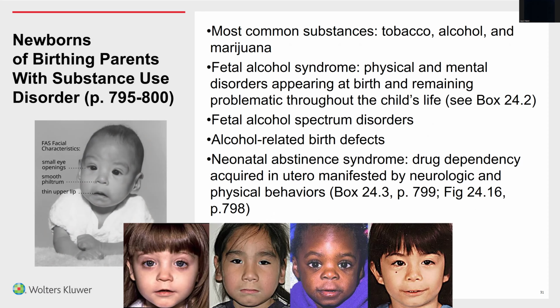Now, neonatal abstinence syndrome is drug dependency in the fetus acquired in utero manifested by neurologic and physical behaviors.